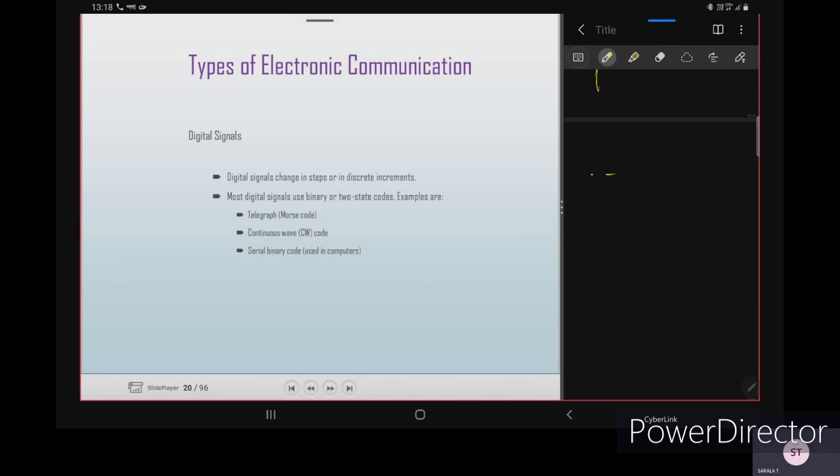I think everyone has seen some military-related movies, where they transmit secret data in the form of Morse code. Dot hyphen dot hyphen, in this way it gives some information to the destination person. That's why it is taken as Morse code. And then continuous wave code and serial binary code.